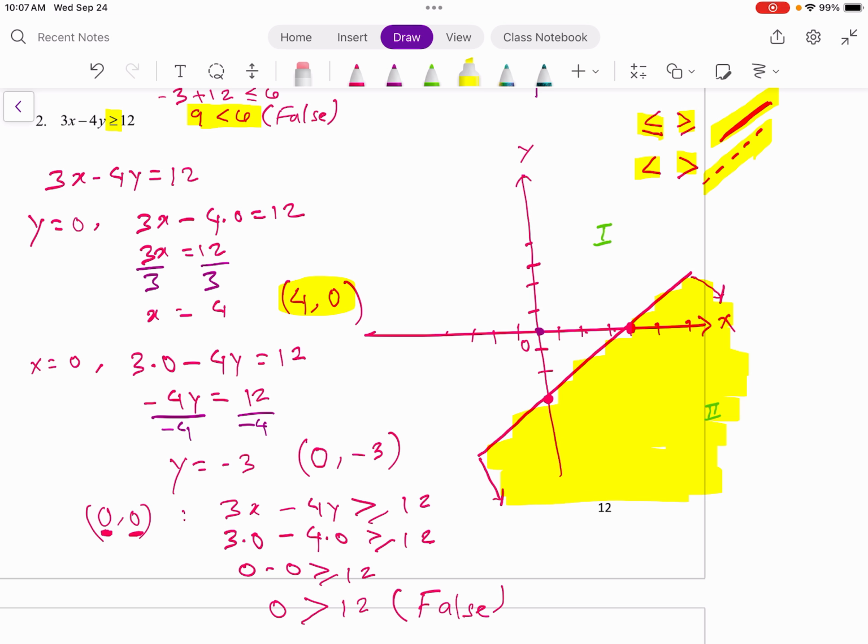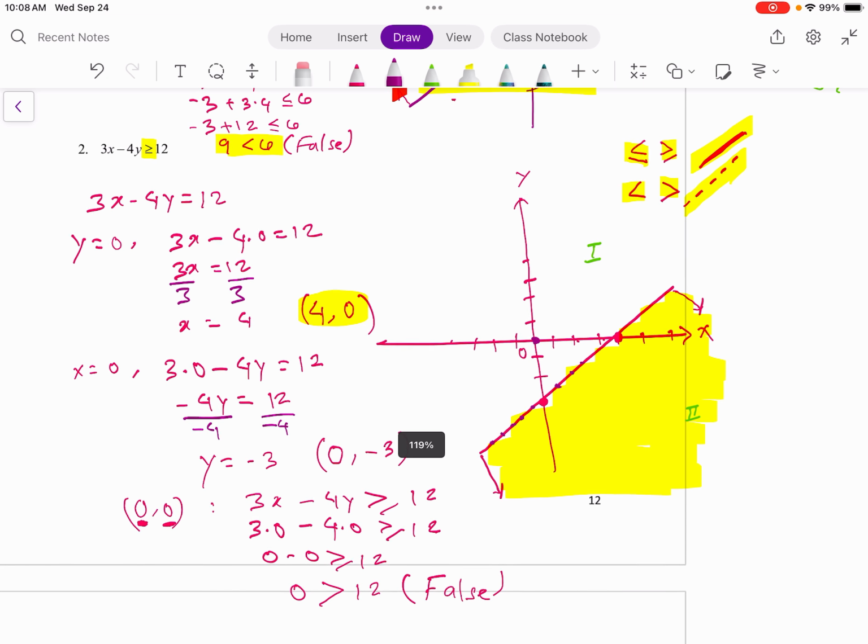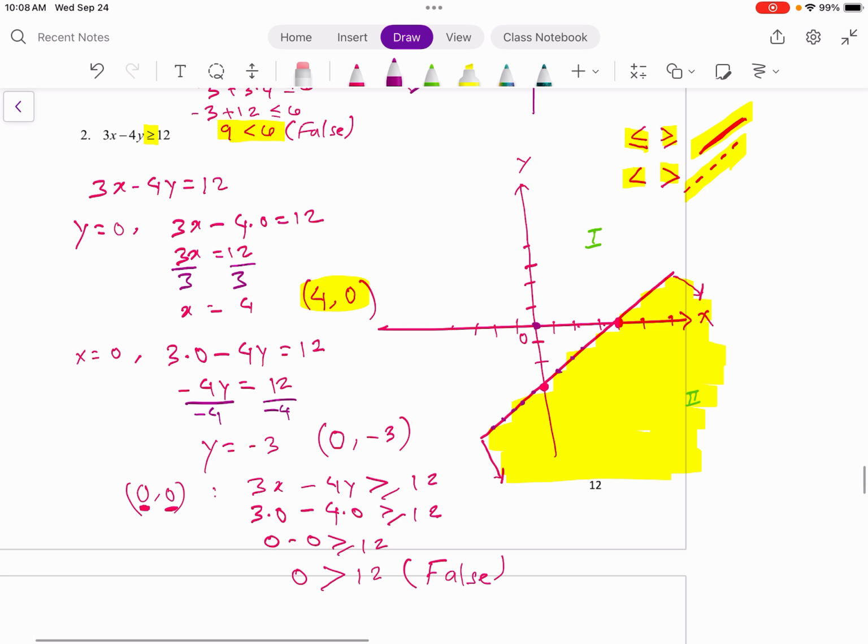Using a solid line means every point on the line, and we have infinitely many points on this line, is also a solution for that inequality. If we have a dotted line, then the points on the line are not solutions. Any question on this part?